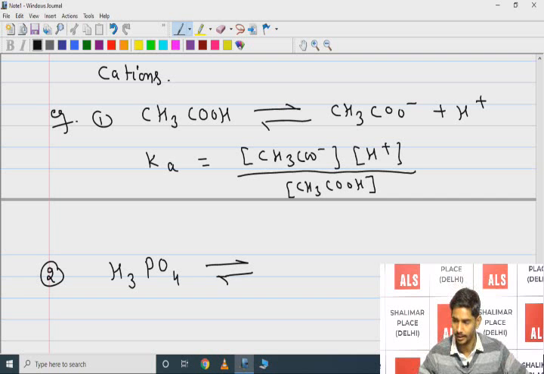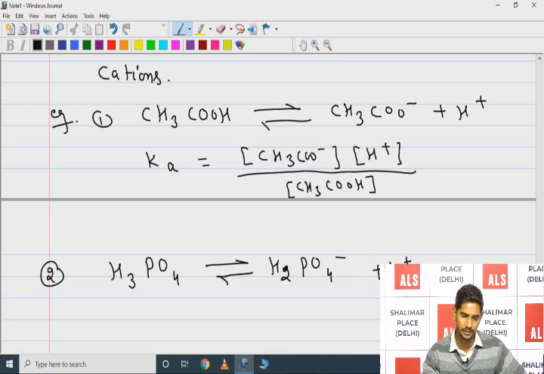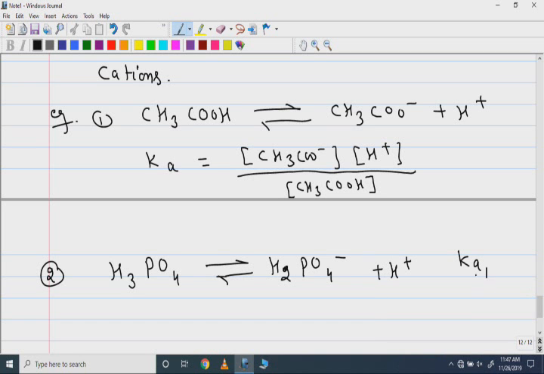Now we know that H3PO4 can donate 3 H plus ions. So in the first case it will donate 1 H plus ion, and it will look like this. This is Ka1, dissociation constant 1.